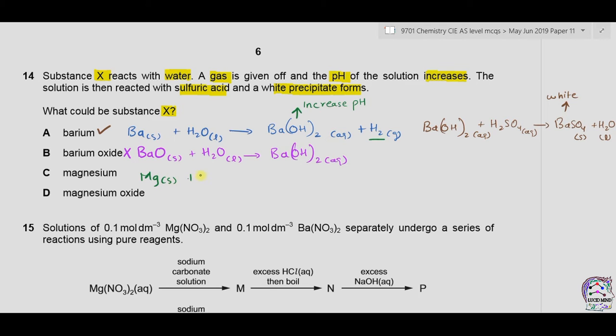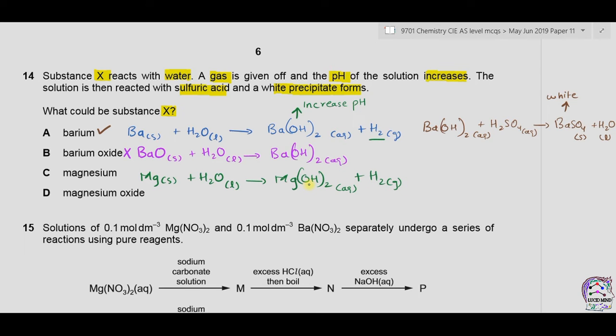It reacts with water to form magnesium hydroxide. Now magnesium hydroxide is less soluble as compared to barium hydroxide, so it will make a weakly alkaline solution, along with hydrogen gas.